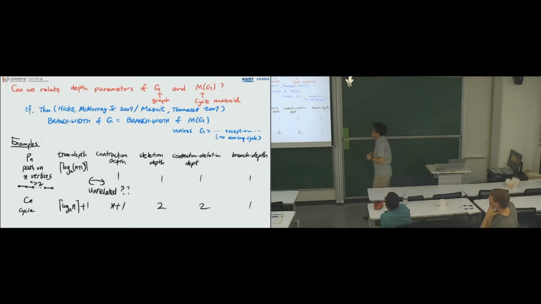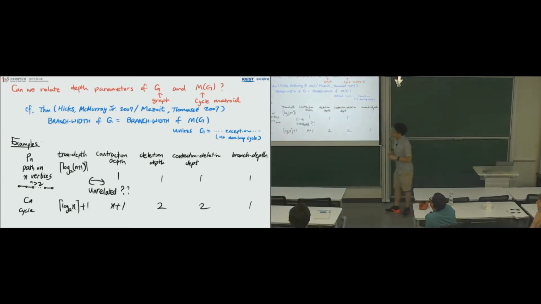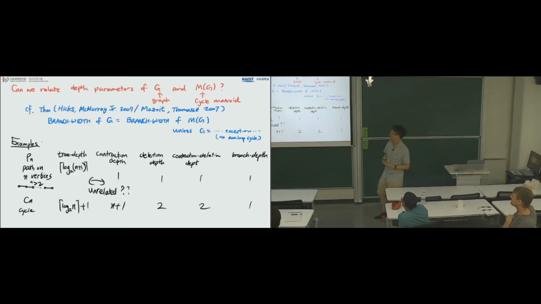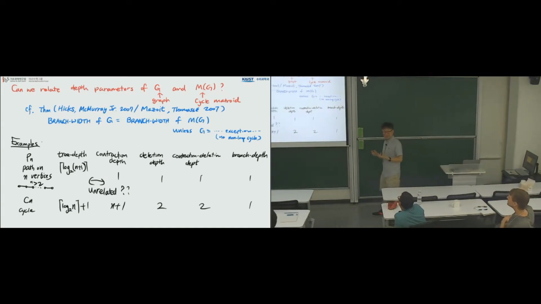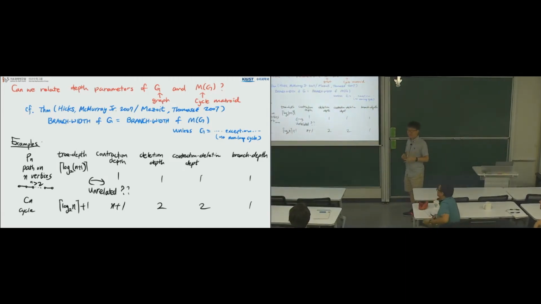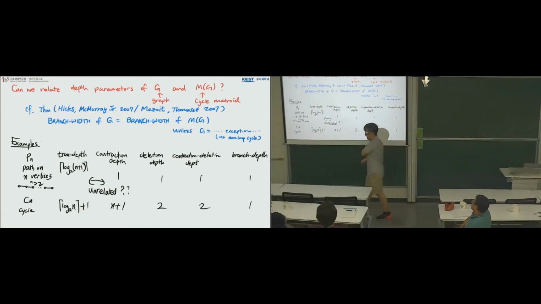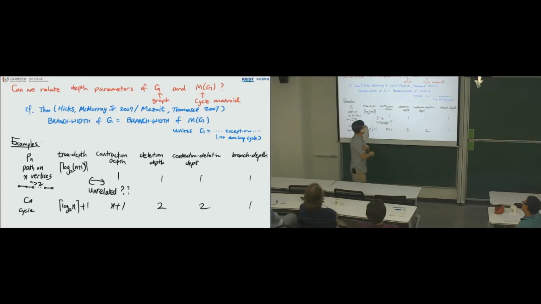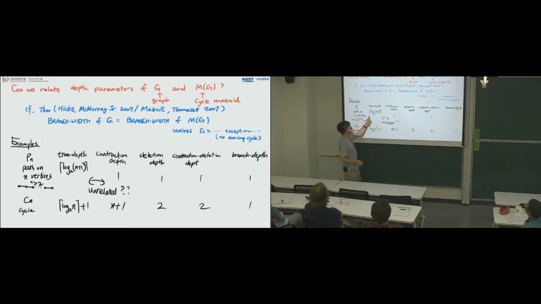Well, actually, for depth parameters, it's not true. A path in a graph has a large tree depth, but if you take the cycle matroid, you get nothing. You don't have any circuits, so everything is independent, so you don't gain anything.